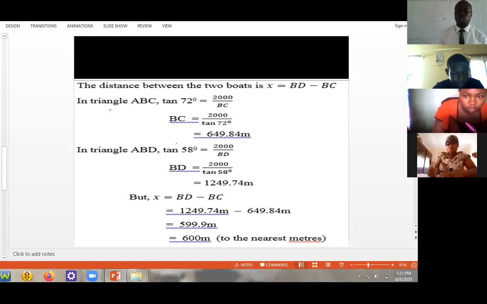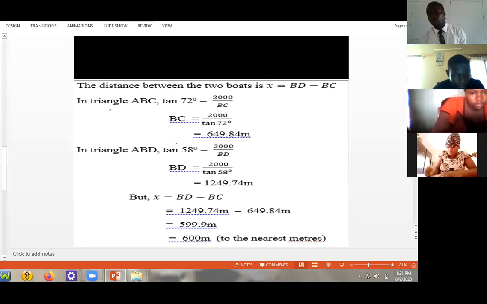And of course, in that ABD, you have the angle there to be 58, alternate angle. It will come down, so it will also use 12. So you have your BC, you have your BD, then you do subtraction and you have your final answer. Very simple.